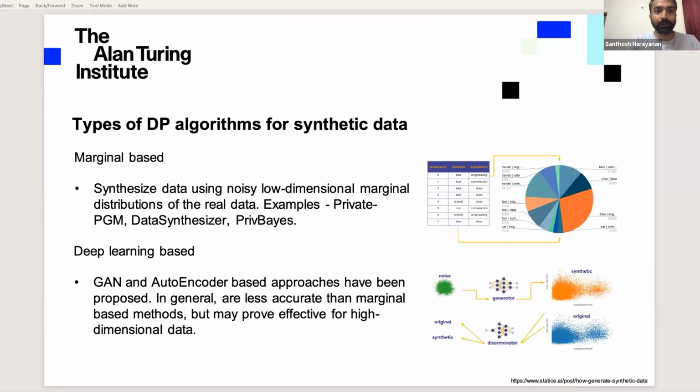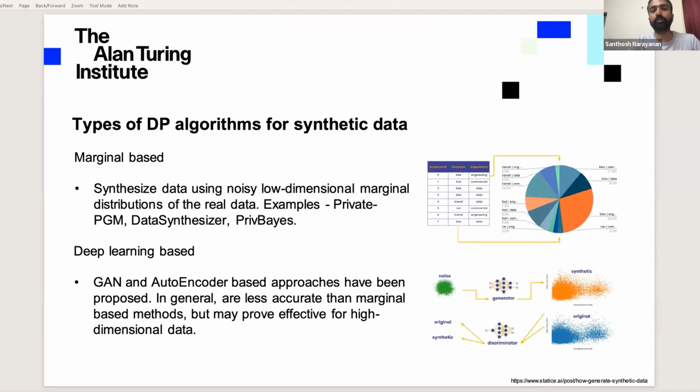So finally, concluding the section on DP algorithms. Fundamentally, there are two different types of DP algorithms. One is the marginal based approach. These are the ones that are typically employed when we are dealing with tabular data.